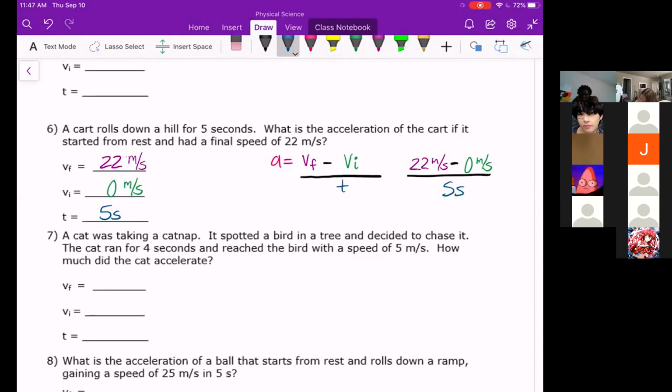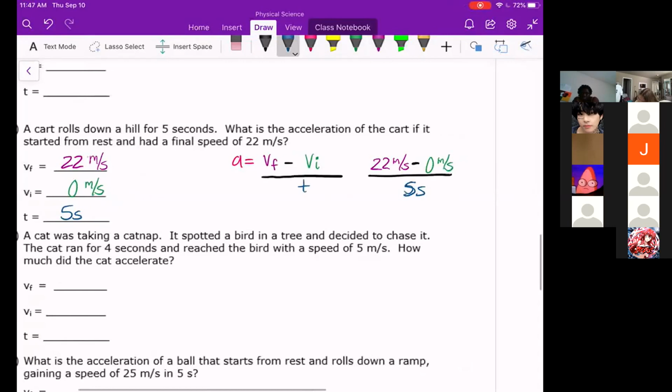Adela, did you get an answer by chance? 22 minus 0 is 22, and then 22 divided by 5 is 4.4. Very nice. Very good.